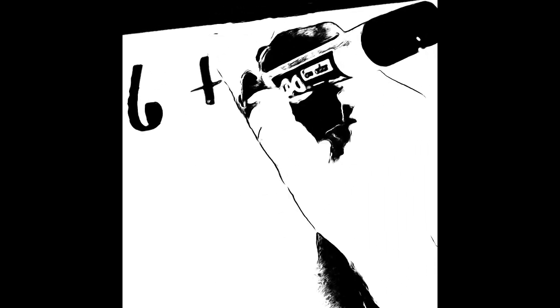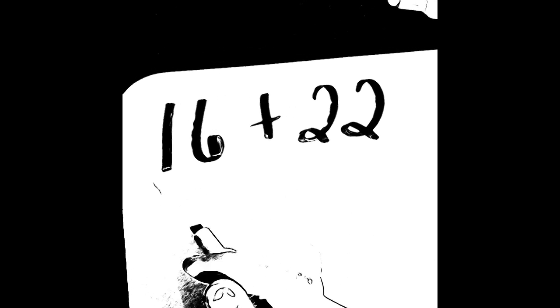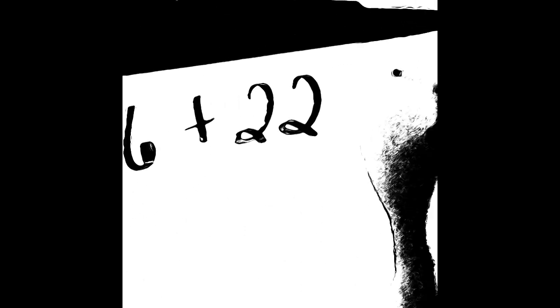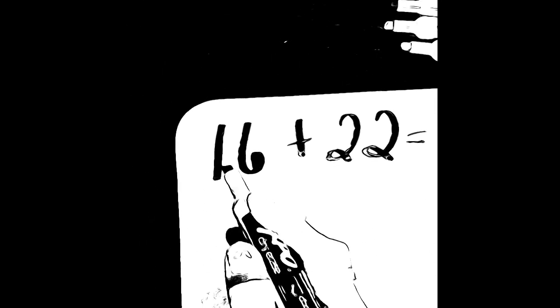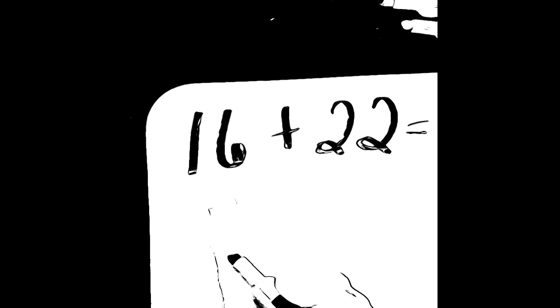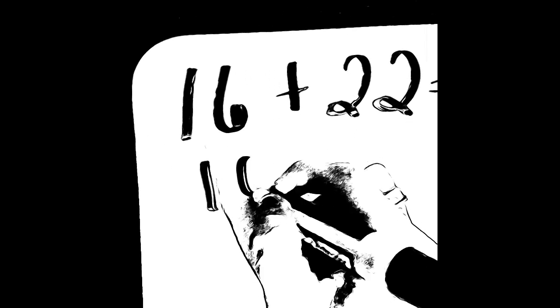So for our expanded form, we have the example of 16 plus 22. And so what we want to do for our expanded form is really break this apart. So 16, we break apart first, and that's what gives us our 10 plus our 6.